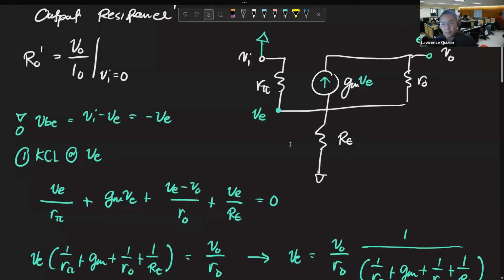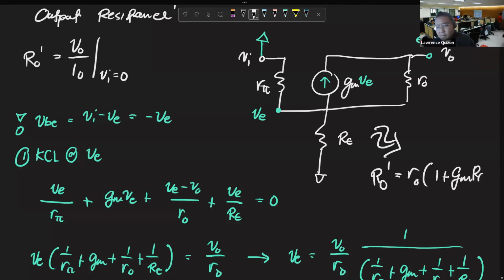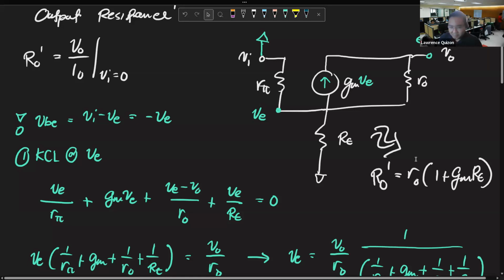In summary, R out prime turns out to be R out plus R out times (1 plus gm RE). And it's kind of copium, I guess, but I try to tell myself it makes sense. Bakit?